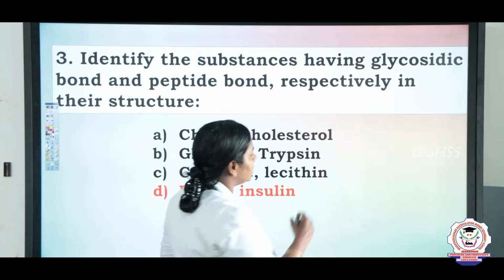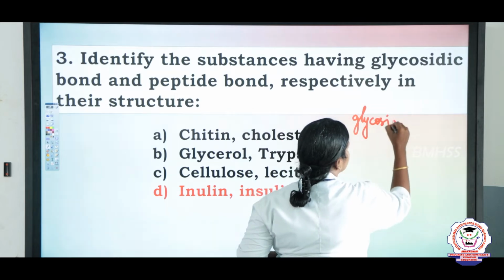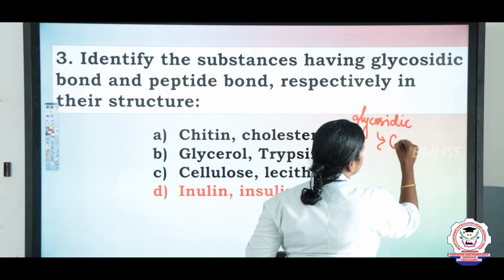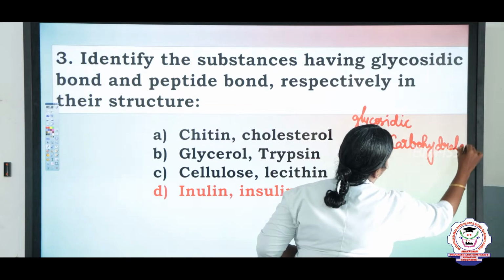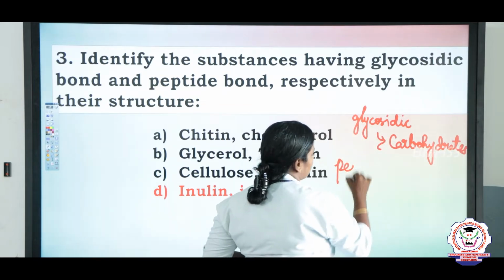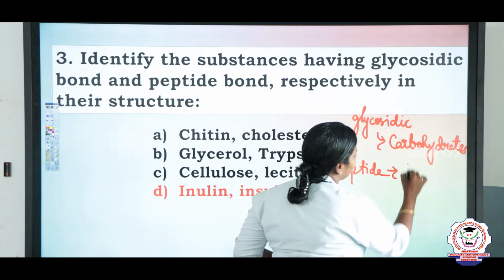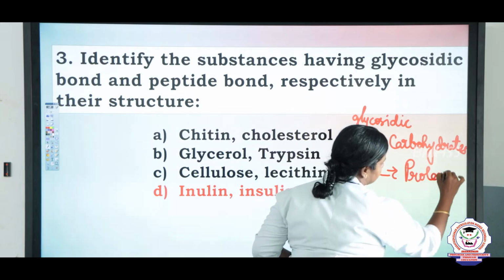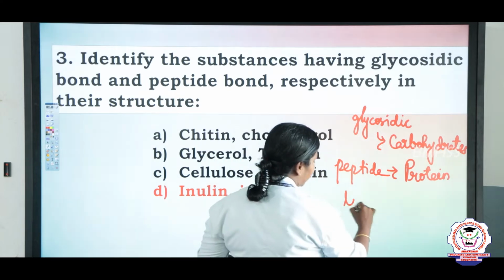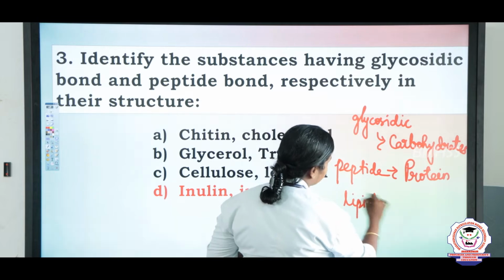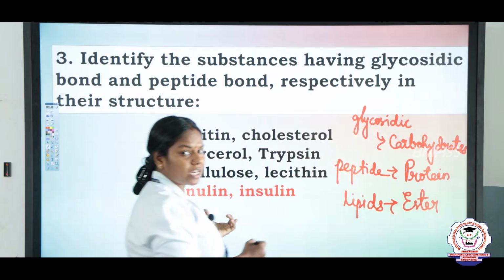One main thing you have to know, children: the glycosidic bond is formed between carbohydrates. The peptide bond is a covalent bond formed between the amino acids of proteins, and between fats and lipids we can see ester bonds. So based on this we have to check the options.